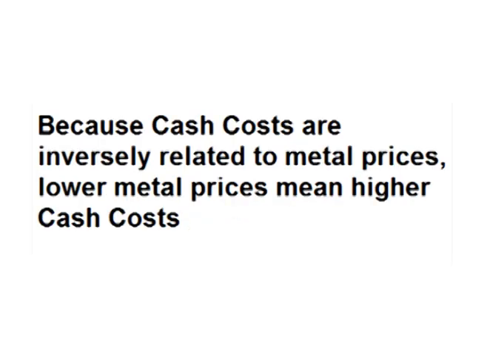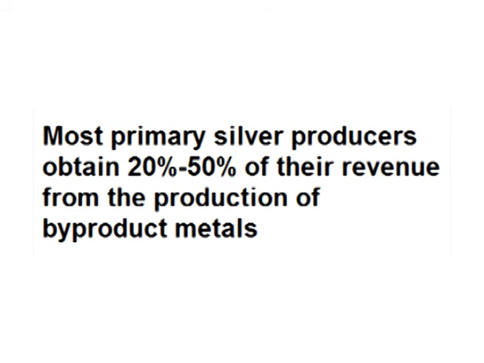If prices remain at current levels all year, it means that silver producers overestimated the amount of revenue that they will receive from the sale of byproduct metals, and therefore underestimated the remaining costs that must be applied to silver production. The effect of the overestimation of income from byproduct metals will vary from producer to producer, mostly based on the percentage of income that comes from byproduct production, and most primary silver producers obtain about 20 to 50% of their revenue from byproduct metals.